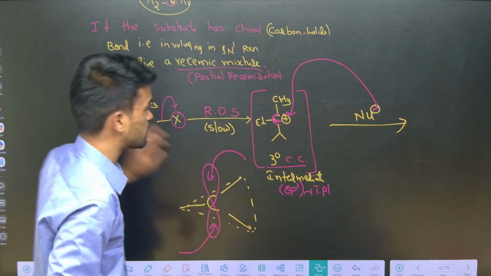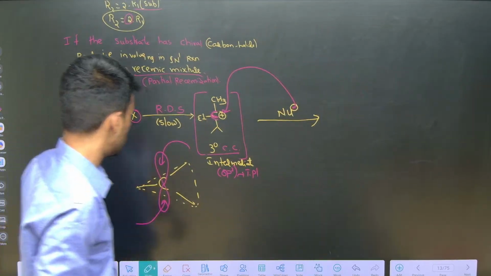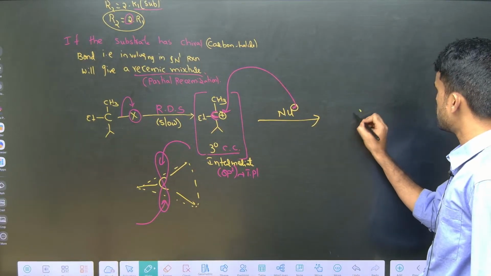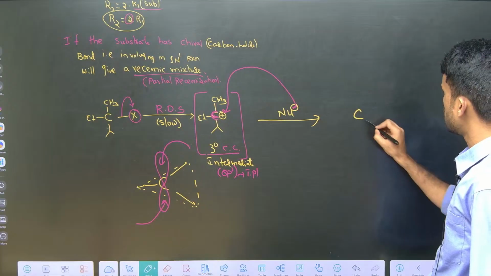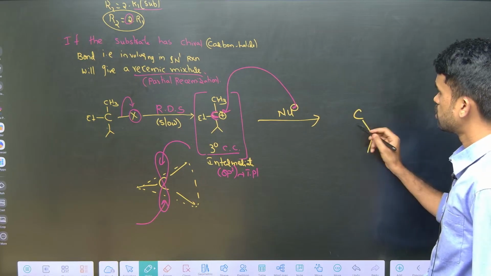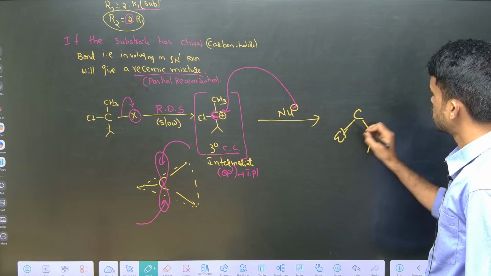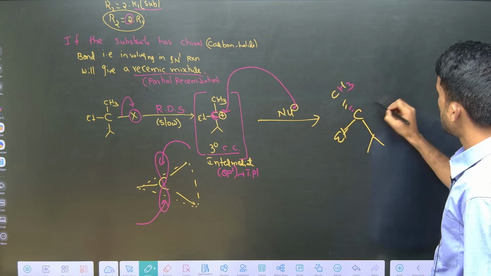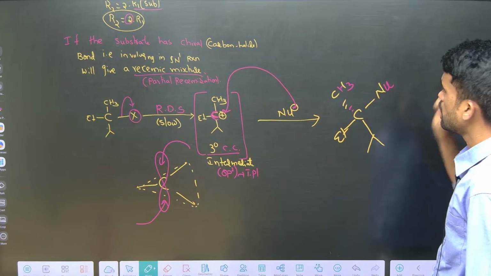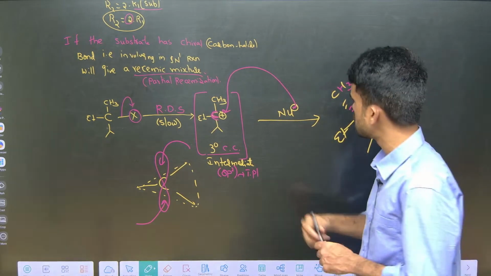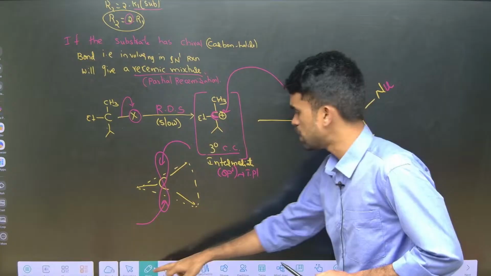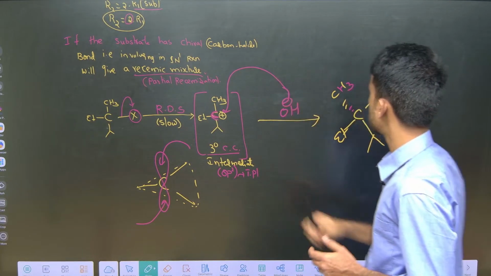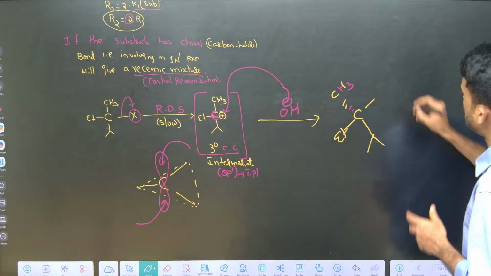So let us write that kind of product. See, let me write it in this way. CH3, see what I am writing here, and here Nu. Let us say our nucleophile is OH minus, so you can write an OH group like this.